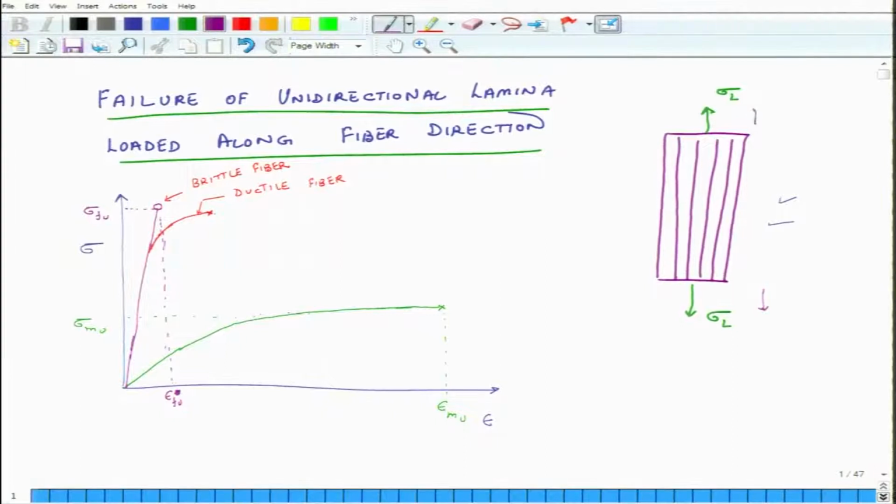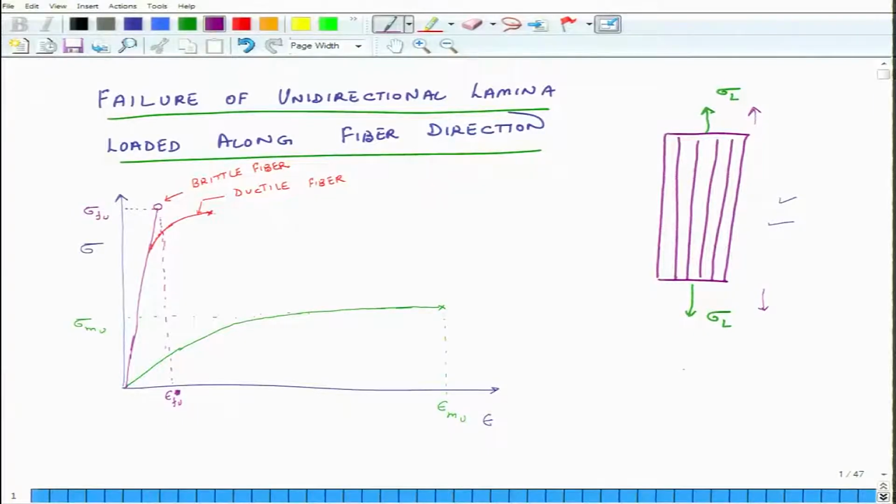Does not matter whether it is a brittle or a ductile fiber, but typically matrix becomes very elongated and only then it actually fails. So, with that understanding, when I am pulling this material in the length direction, what will happen? The fiber starts becoming longer and the matrix also starts becoming longer, but once the strain in the fiber reaches its breaking point, the fiber will fail. The fiber will fail, and so consider this.